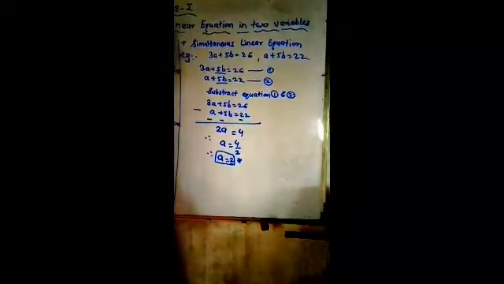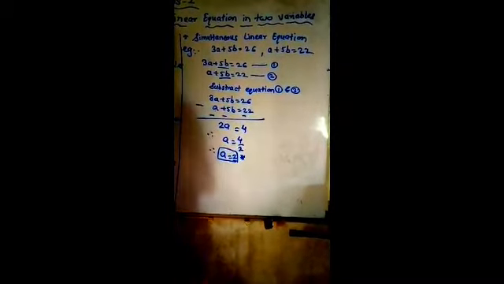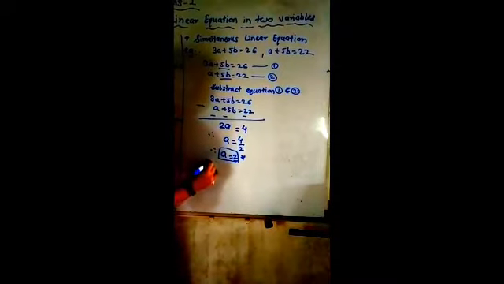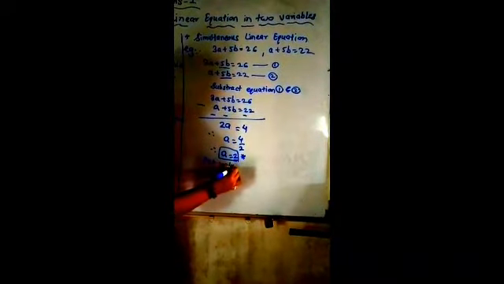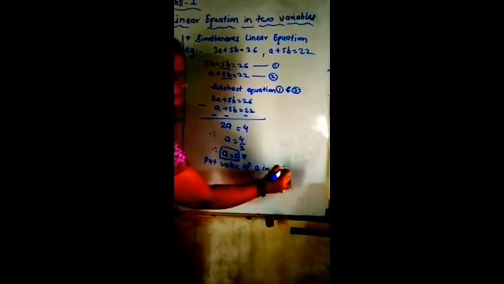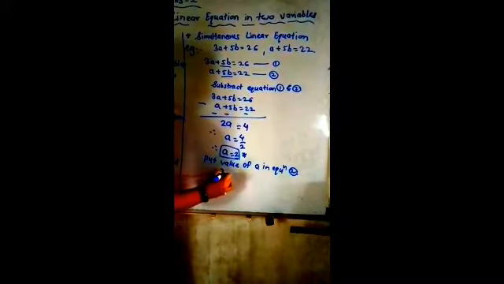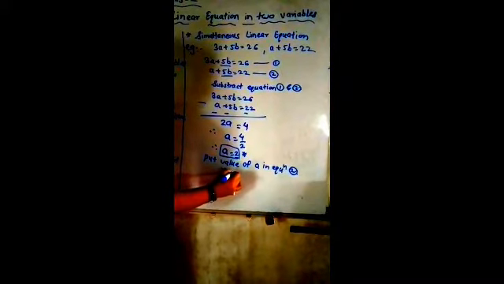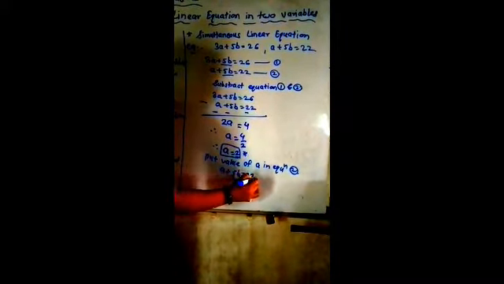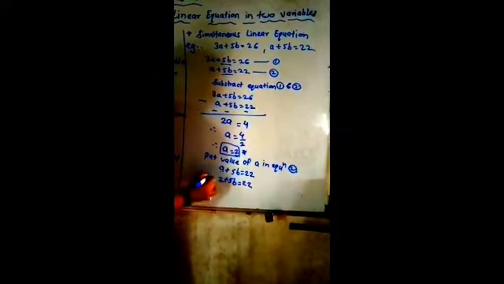Then for calculating the value of b, put the value of a in equation number 2. First write the equation number 2: a plus 5b is equal to 22. 2 plus 5b is equal to 22.